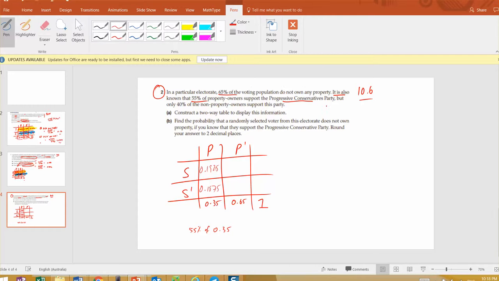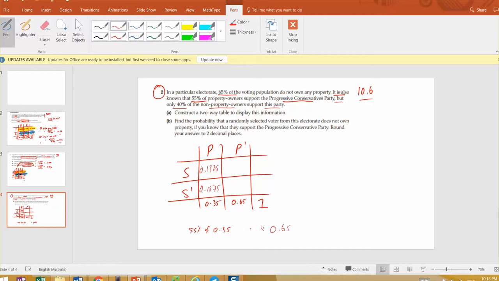Now the other piece of information: only 40% of the non-property owners support this party. So of the non-property owners, which is 0.65, only 40% support this party.